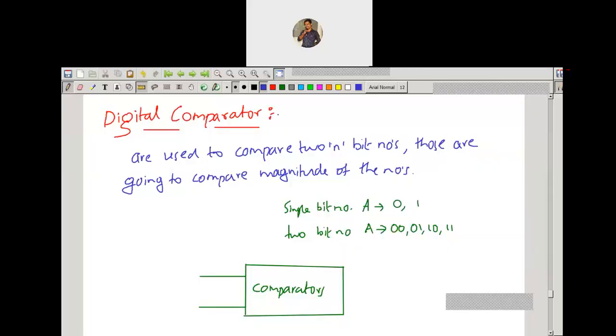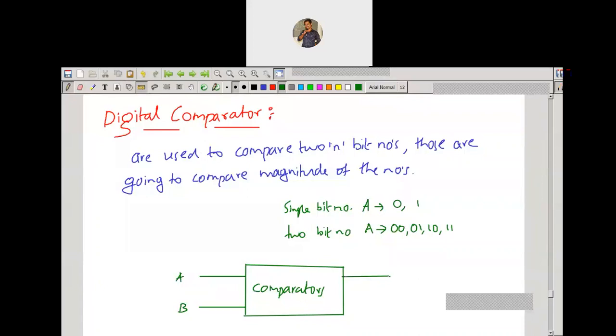Like that, if you're comparing two numbers, A and B, what are the possible outputs here?